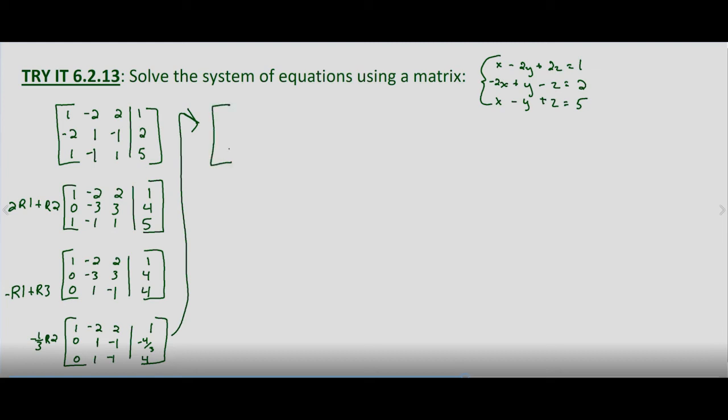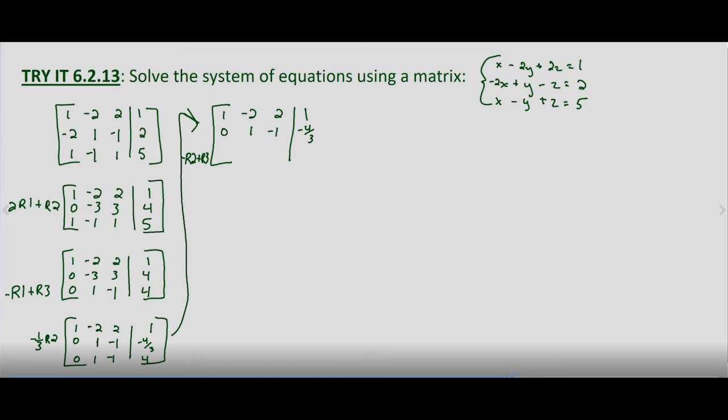I'll write out our first row, 1, -2, 2, 1, 0, 1, -1, -4/3, and then -1 times row 2, plus row 3.